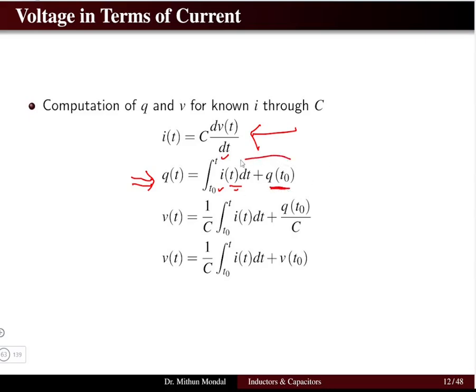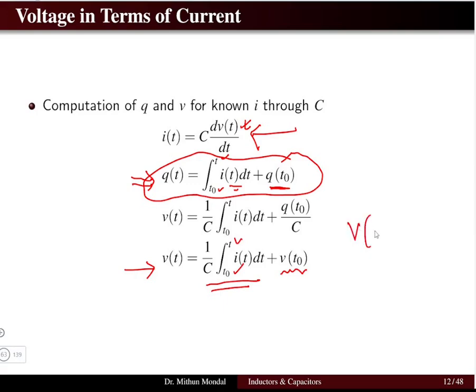If we use this fundamental equation to determine the voltage for the capacitor for a known current, we get the voltage equation as 1 by C times the integral of I dt from t0 to t, plus some initial voltage.